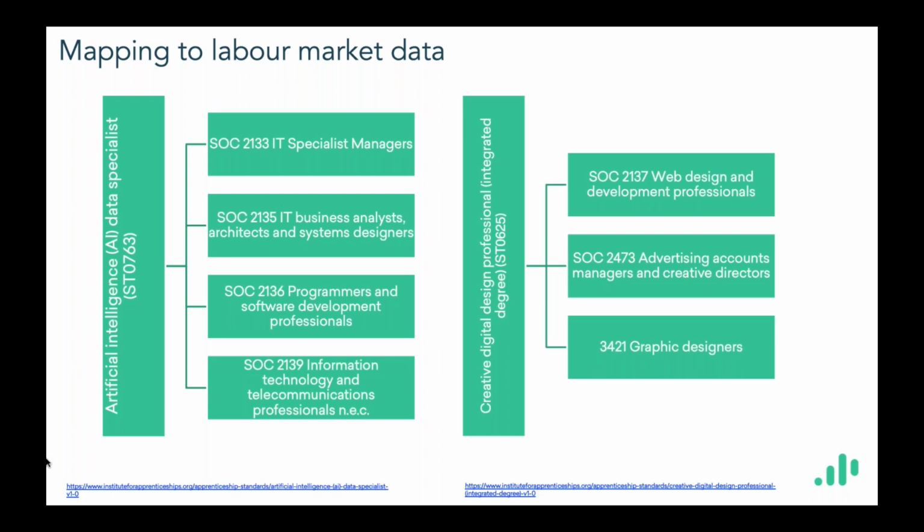So that being the case with that AI standard, in that mapping, we've included a not elsewhere classified, an NEC, SOC 2139, which in other mappings we might try to avoid because it can be a bit of a catch-all, but in this instance we need that, and it's appropriate to capture that relevant data.